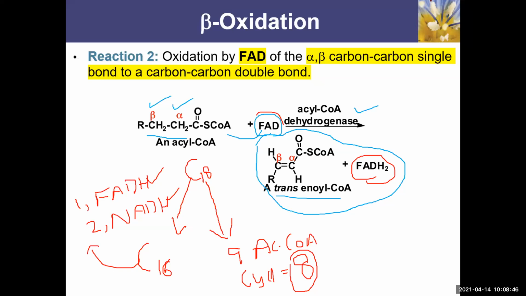If I have 10 cycles, I will produce 10 NADH and 10 FADH. If I have 20 cycles, I will produce 20 NADH and 20 FADH. So simply remember the number of cycles in that particular fatty acid, and that many FADH and NADH you are producing.